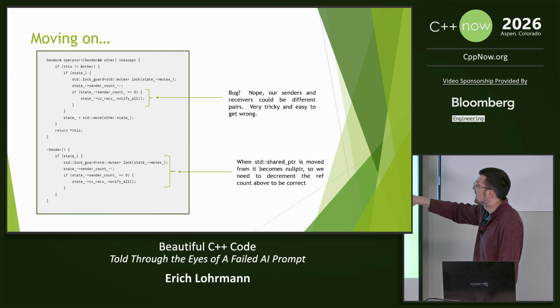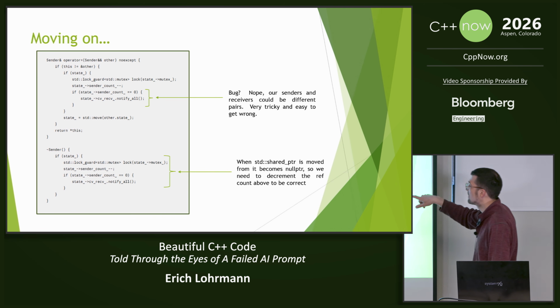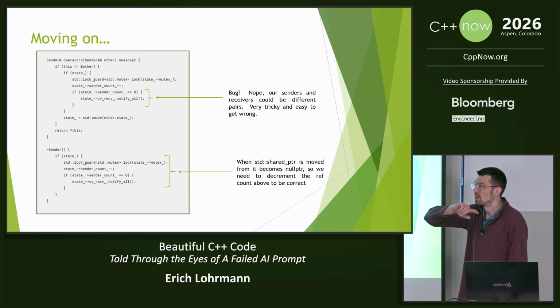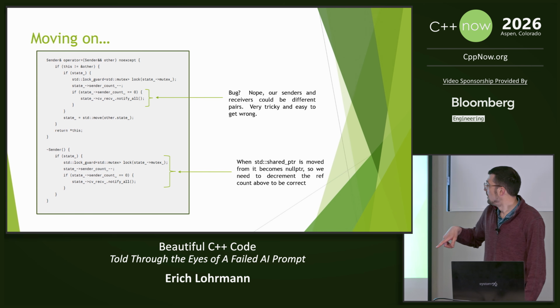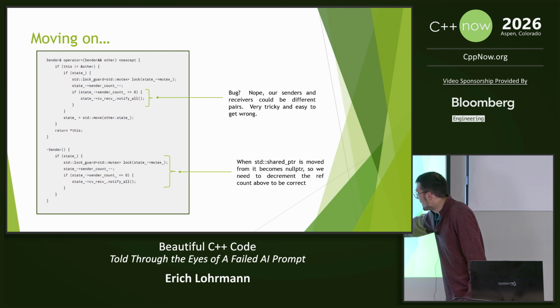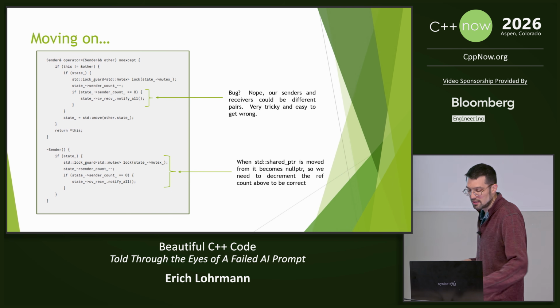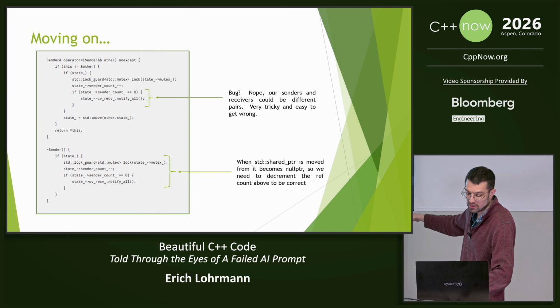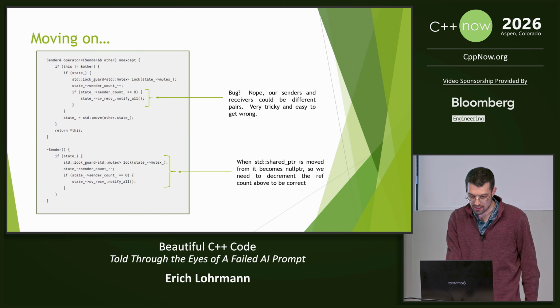And it's kind of easy to see why my reference count goes to 0 in certain moments: it's because I'm doing this other weird situation. And then of course, making sure the standard shared pointer, when it's moved out of, becomes a null pointer, so you've got to make sure that you're not dereferencing it. It does all of that correctly, which is nice.